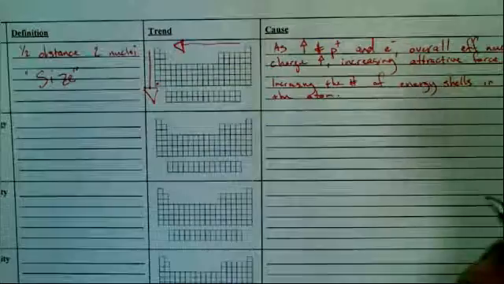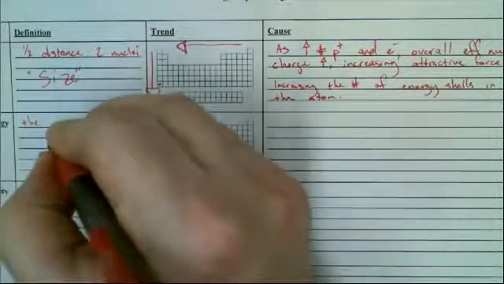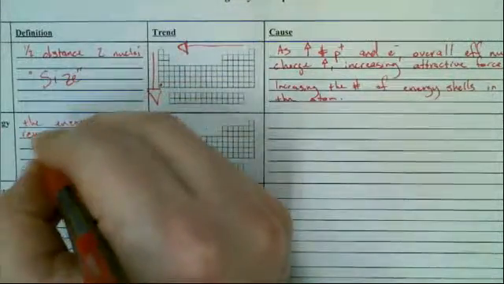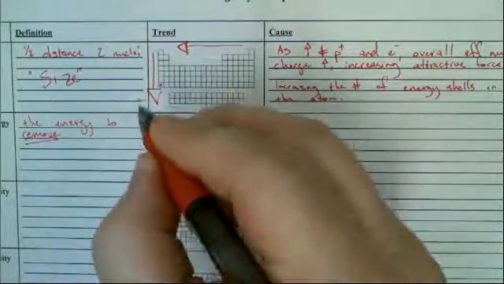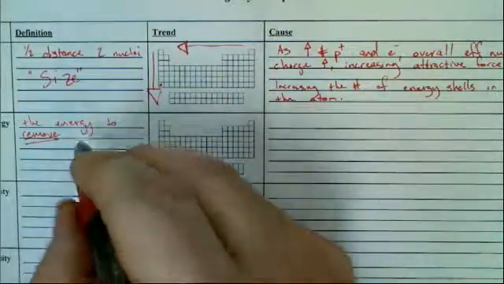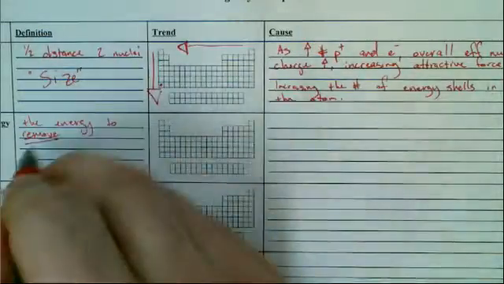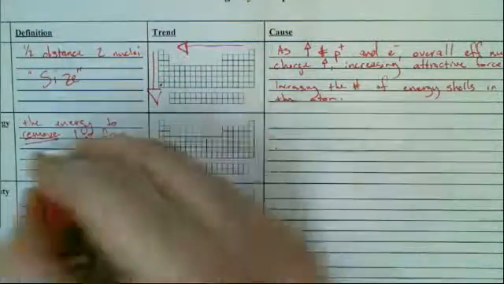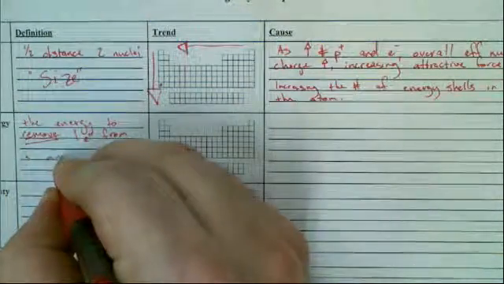So, definition of ionization energy, you guys said: the energy required to remove... this is my shorthand right here. Energy to remove one electron from a neutral atom.